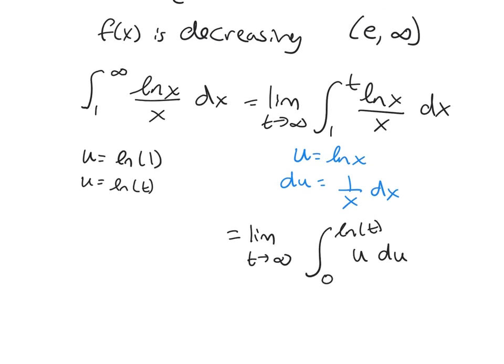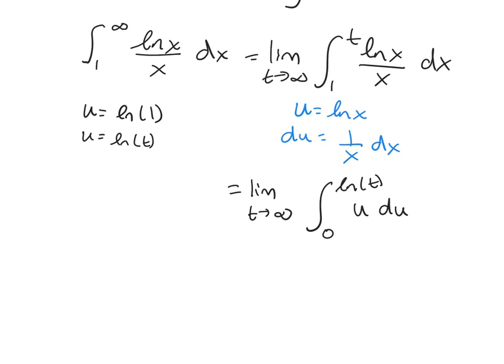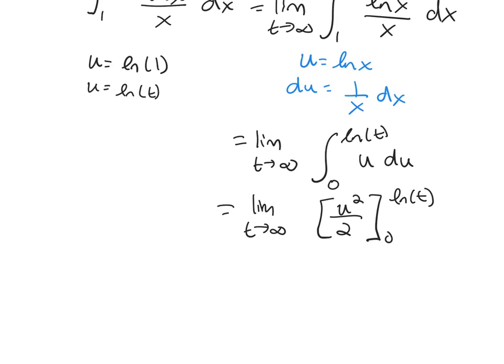Okay. What do I get when I integrate u? u squared over 2? And then we're going to plug in our bounds here. ln of t squared over 2 minus 0, so I'm not going to write that. And now we can calculate this limit.